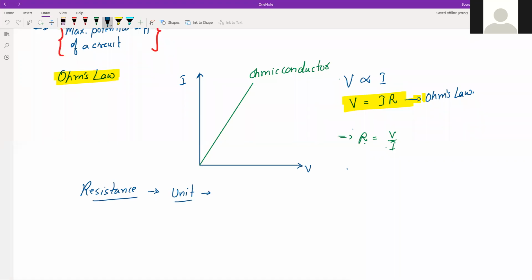So the unit is 1 ohm, which is equal to, as you can see here, V by I. So 1 volt divided by 1 ampere, right? Or symbolically, 1 ohm is equal to 1 volt per ampere. So this is about resistance.